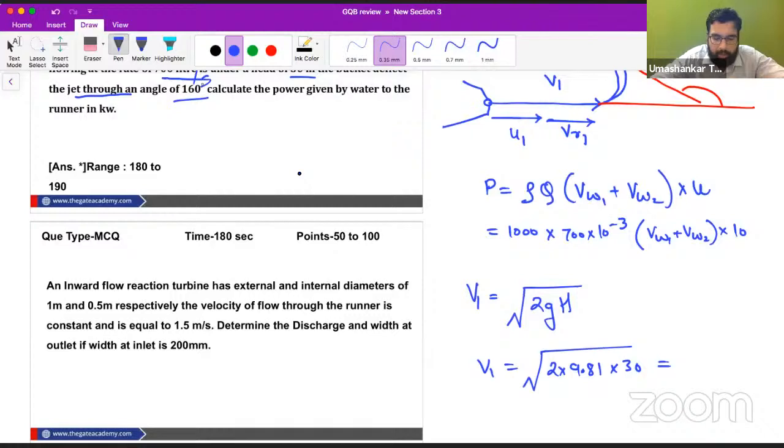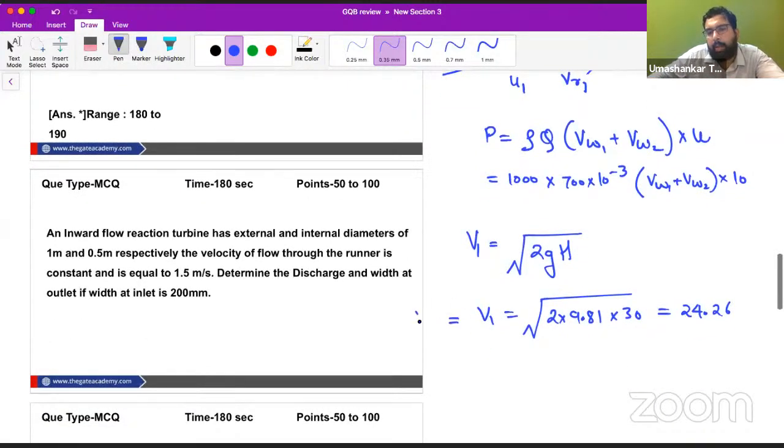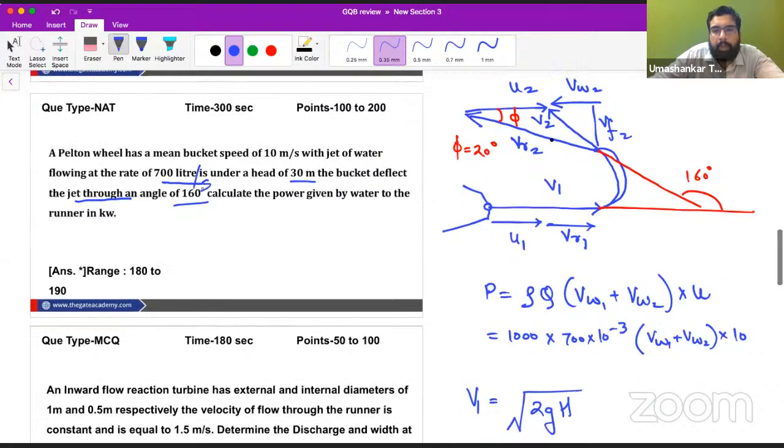Let me calculate it. It is 588.6. So we are getting it as 24.26. So this is V1, and we can call it VW1 as well. This is your VW1 also.